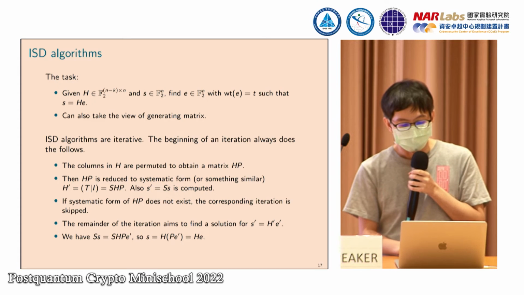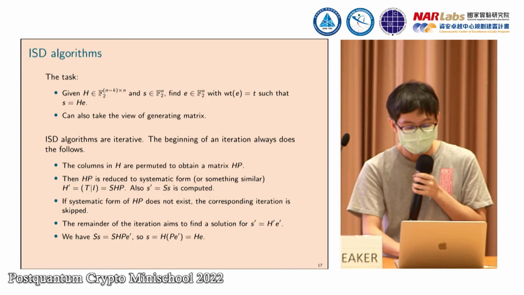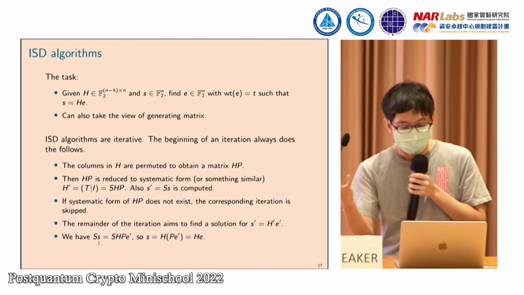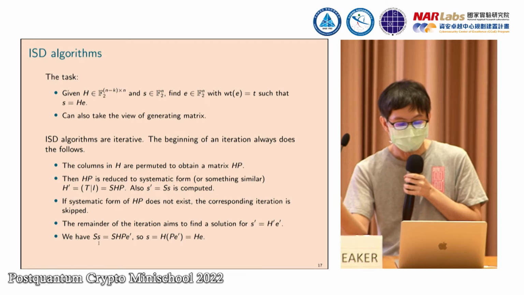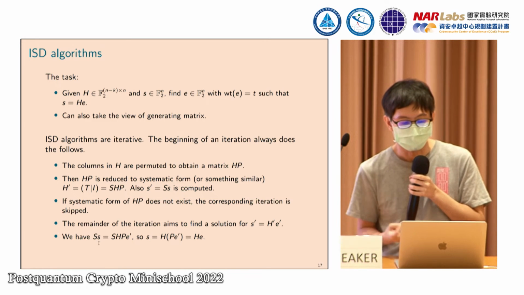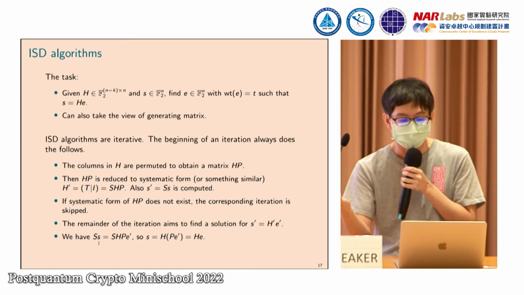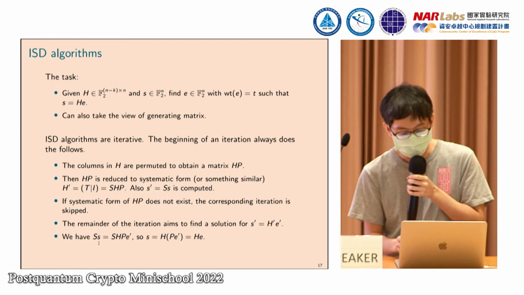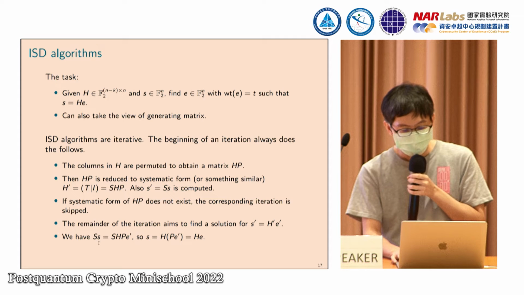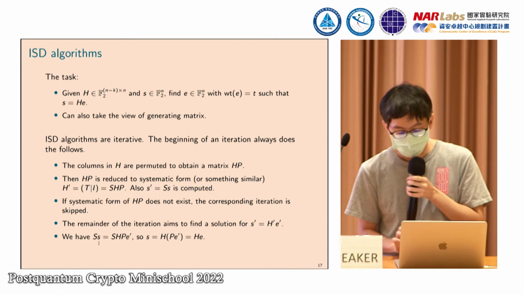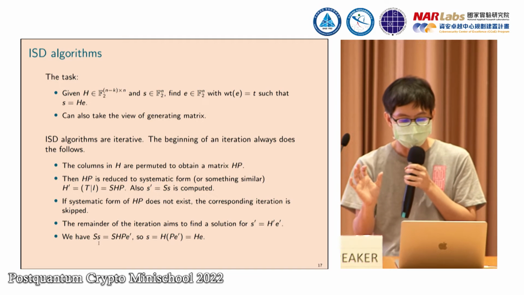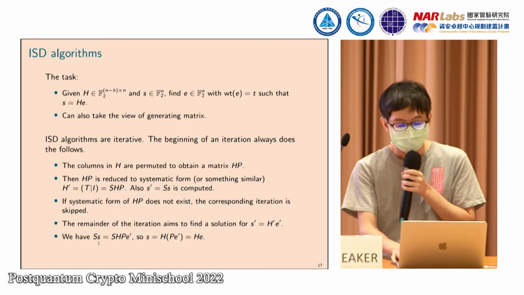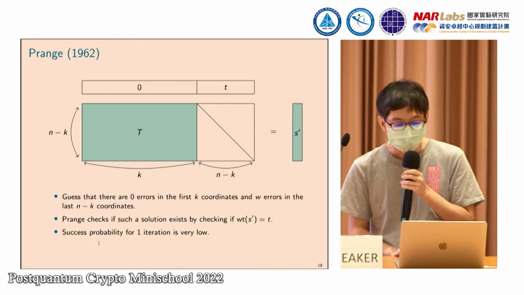By the last item here, you can see that this error vector E prime can be converted to a solution for the original problem S equal to HE. This is not so hard to see. I should emphasize that the main idea is to permute the columns. This is a very important thing in ISD algorithms.